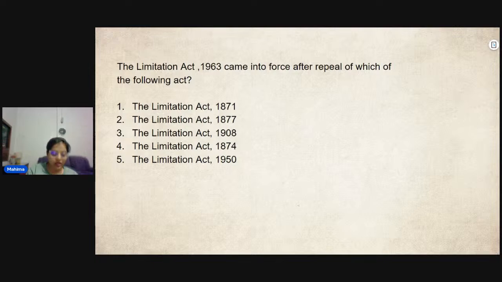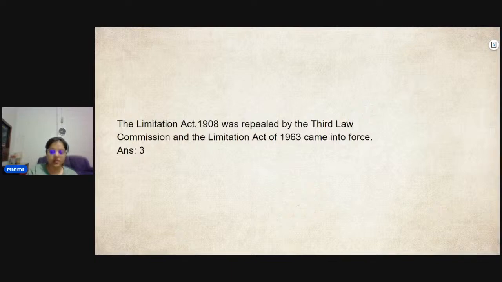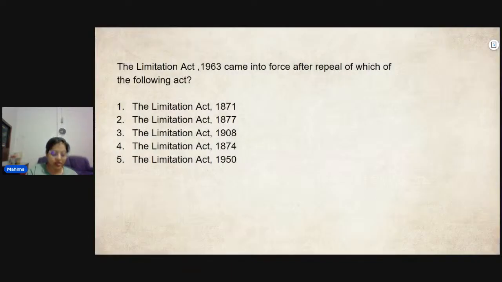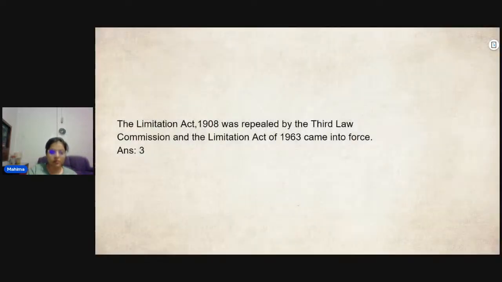Okay, 1908, Pritika is saying, Medha is saying 1908, and it is 1908. By the Third Law Commission, the Limitation Act came into force after the repeal of the Limitation Act 1908, which act is also of 1908. Which subject is also of 1908? Please mention in the comment box.